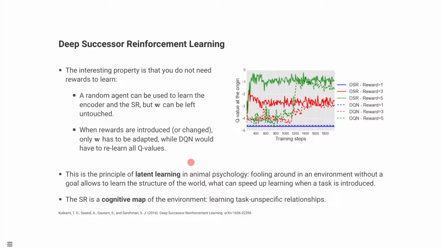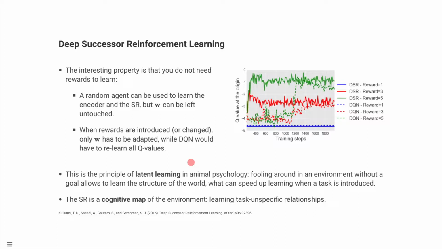It means when you train a rat to move in a maze, you don't put it right away with the task. Just let it get used to that maze, smell a bit everything, know where is what, where to turn, and only then you introduce rewards to see how it learns. And you can learn much faster if you're already used to your environment, you know what happens, without having a task in particular.